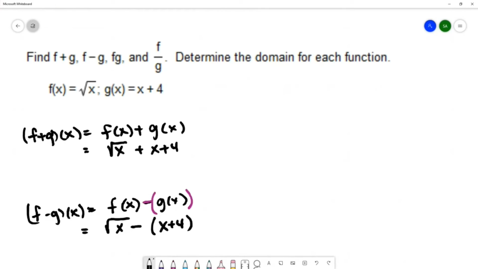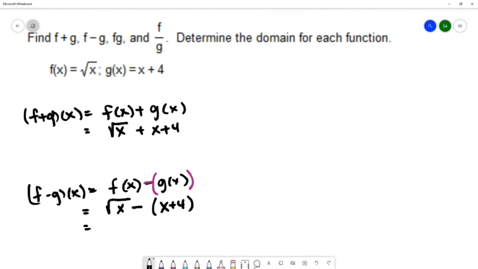So we put parentheses around all of g of x so we could subtract all of it. We'll distribute that negative, so we get negative x minus 4. And there are no like terms here. So we've got our function f minus g of x to be square root of x minus x minus 4.